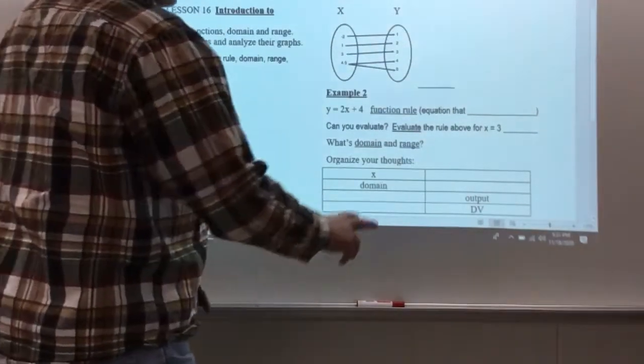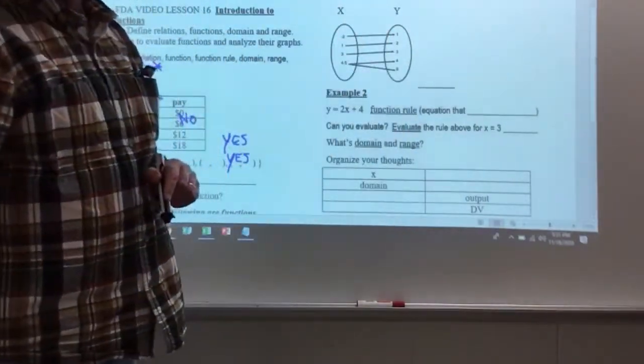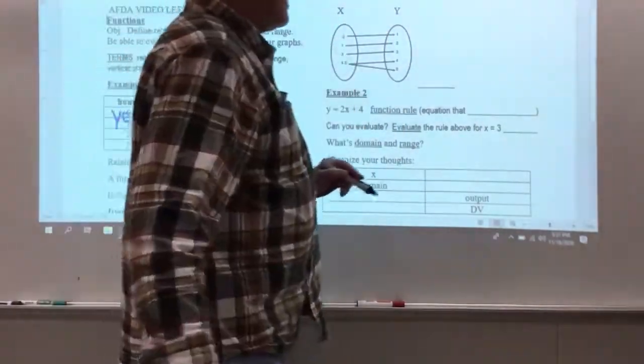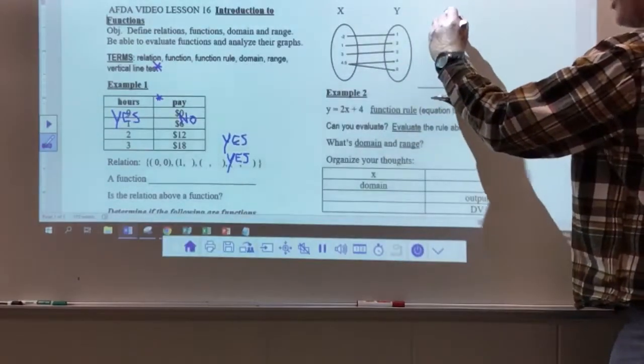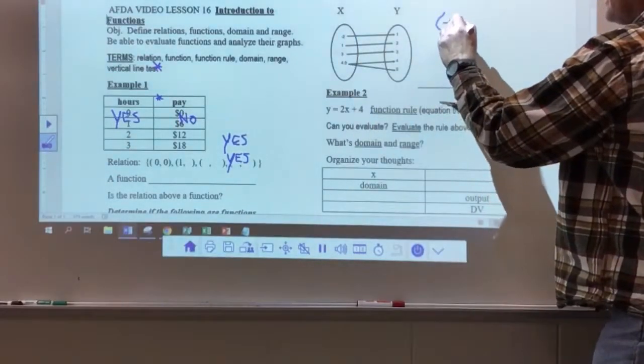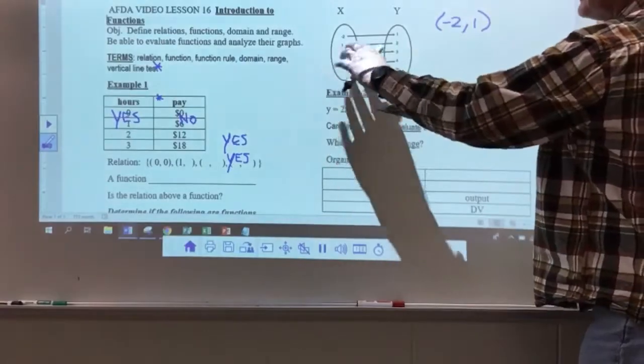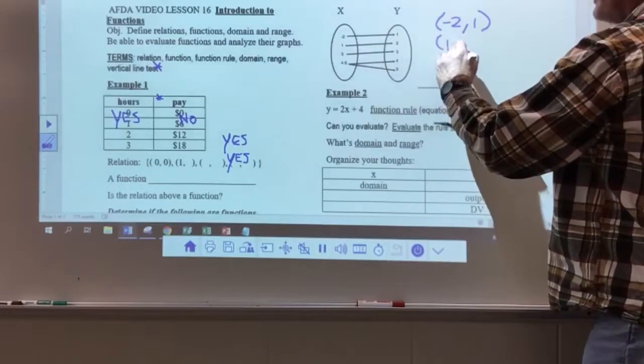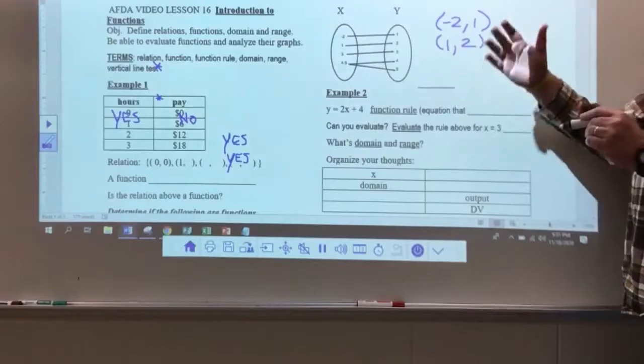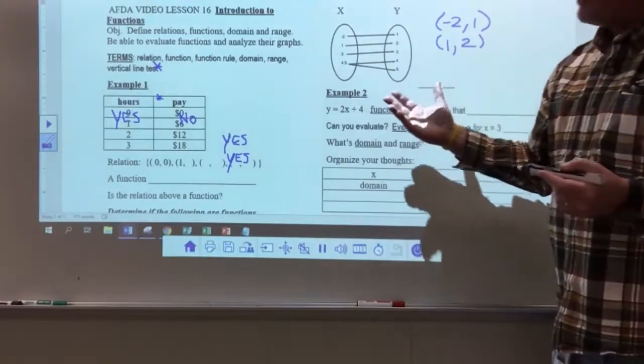Over here, the x's and y's are demonstrated with mapping. If you didn't like this mapping, you could write these as ordered pairs. Negative 2, 1 would be the first one. You could write those as ordered pairs, look at them that way, or set up a table of values.